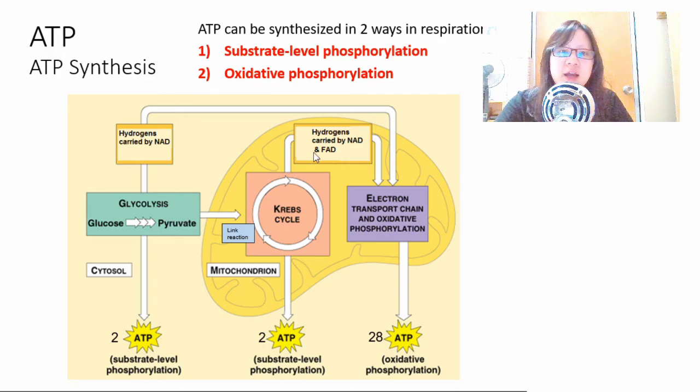This reduced NAD and FAD produced by glycolysis and the Krebs cycle in multiple steps is brought to the electron transport chain, where it is used to form ATP. The hydrogen atoms they are carrying help to form ATP.